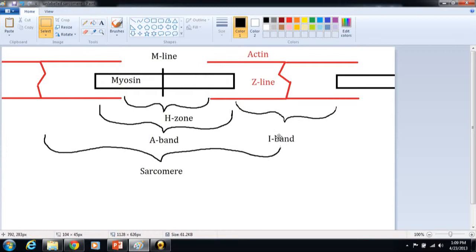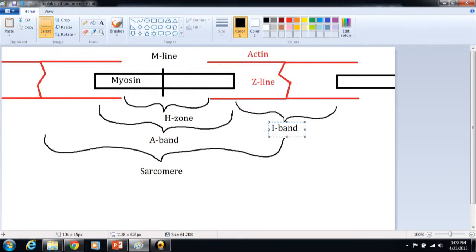It is the part where there is only actin. Okay, so the overlap of actin and myosin is not included in the I band. That's the actin molecules only. And the overlap is not included in the H zone. That's the myosin only. Okay?